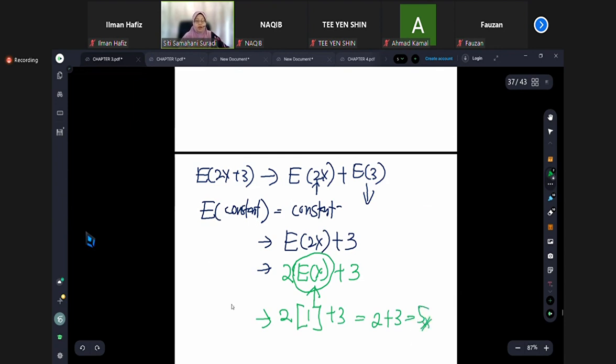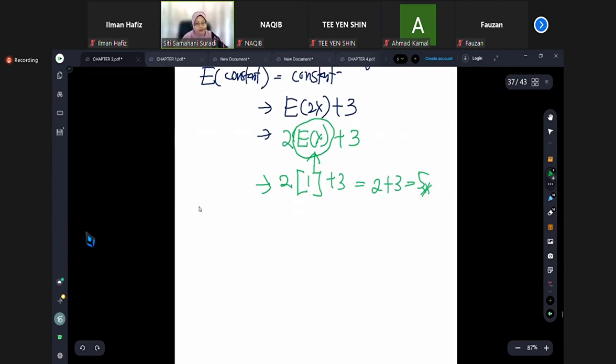Another question is variance. Let's say the variance of 3x minus 1. So you need to get the variance of 3x minus the variance of 1.